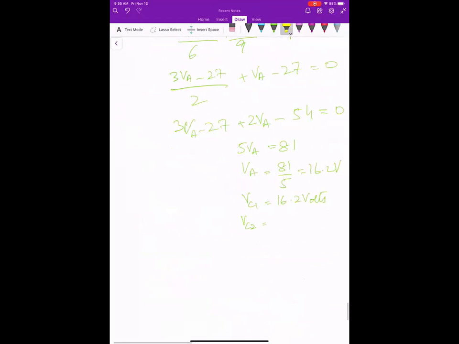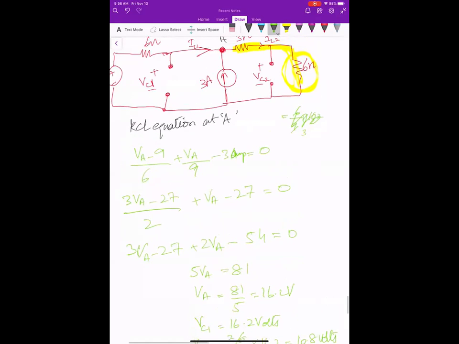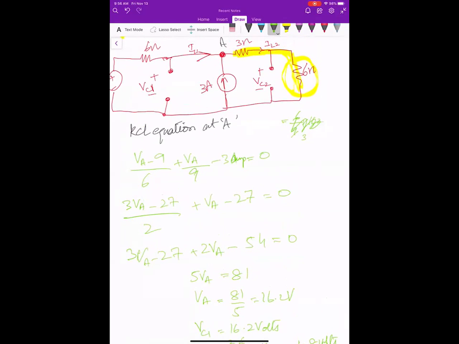So it should be 6 by 9 into 16.2 volts, which they have given as 10.8 volts. You can check whether it comes as 10.8 volts or not. That's how you will find VC2.